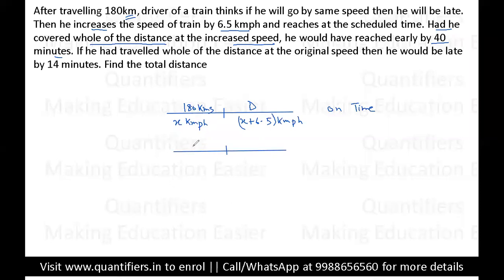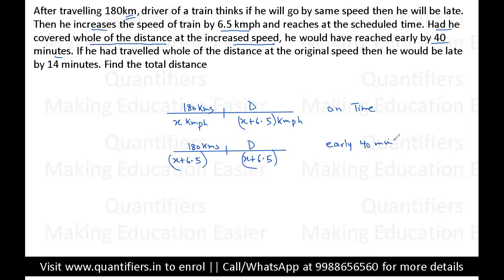So basically they want to say that the initial 180 kilometers and the remaining distance D, the complete distance is being traveled with speed of x plus 6.5. पूरा जो distance है वो x plus 6.5 की speed से cover हो रहा है. Now in this case he reaches 40 minutes early.